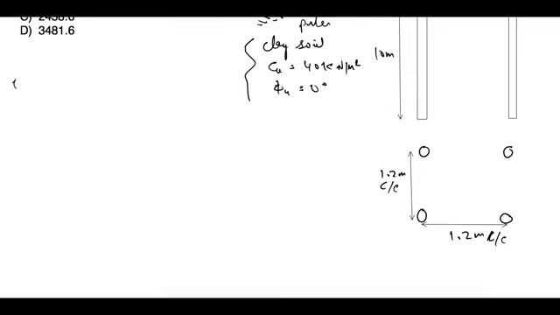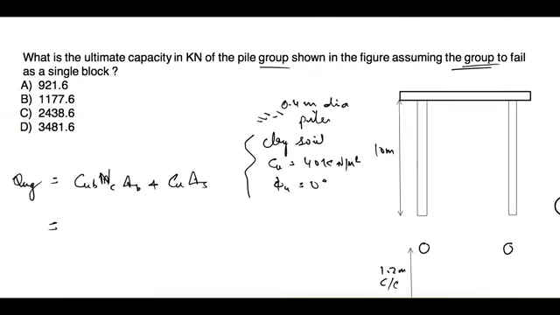So we know that Qug, as we used this formula in the last question also, is equal to Cu Nc Ab plus, sorry, alpha is not used in the group, plus Cu As. So we can simply put the values here.